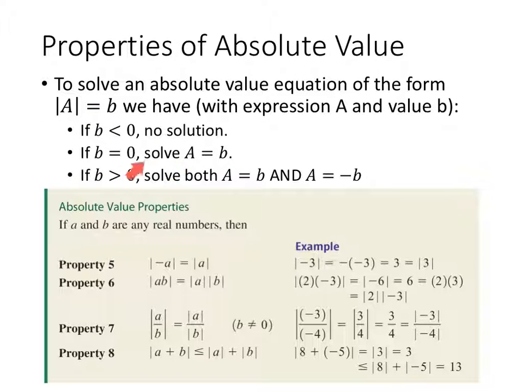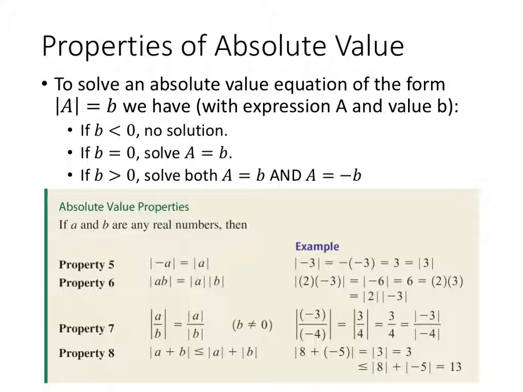If B is equal to 0, I just have the absolute value of A equals 0, so A equals 0 and solve for x. But if B is positive, these two lines remind me I have to solve two equations: A equals B and A equals negative B, as long as my B value started out positive.